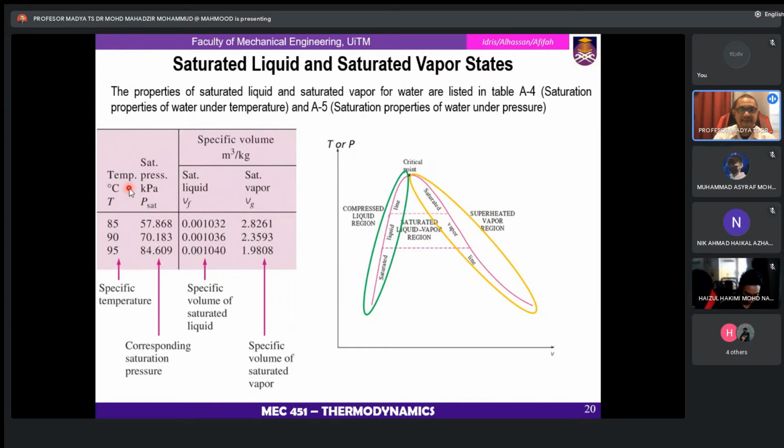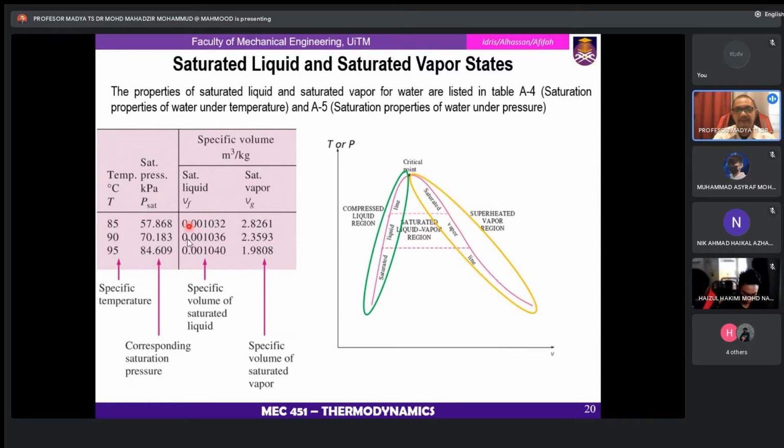Here the temperature is listed in unit Celsius, and P saturated in kilopascal here. For the specific volume V, Vf refers to the point on the saturated liquid line, and Vg is the state on the saturated vapor line here.